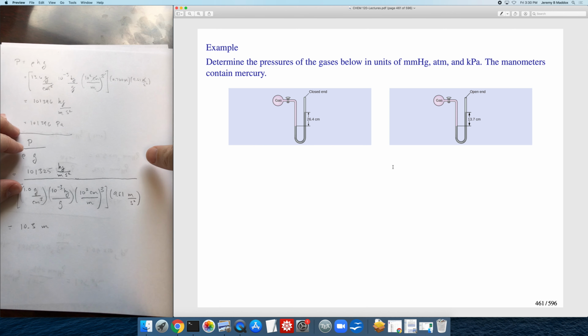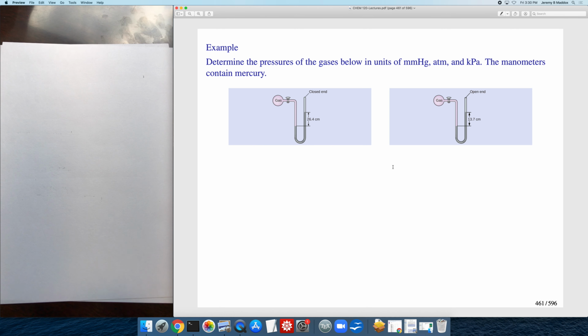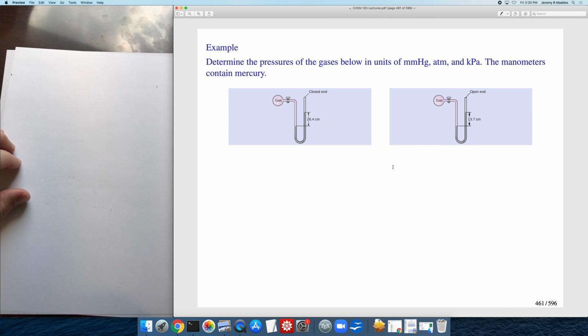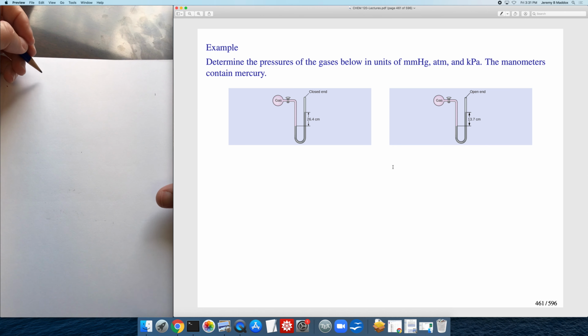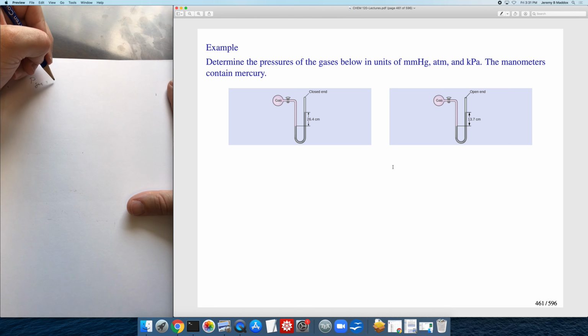In this problem here, we're being asked to do some calculations for measuring the pressure of a gas using a manometer. On the left-hand side, we have a closed tube manometer, and on the right-hand side, we have an open tube one. And so for the closed manometer, the pressure of the gas is just equal to the hydrostatic pressure of the liquid column.